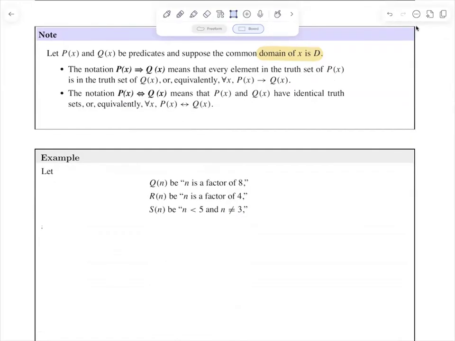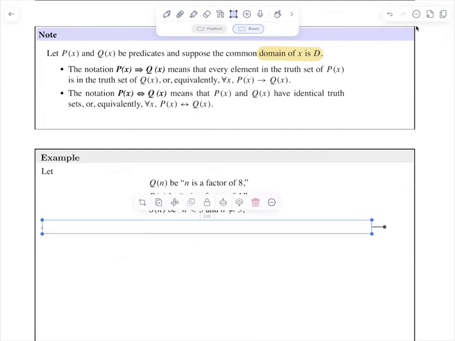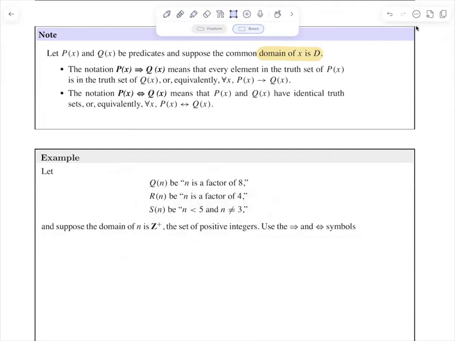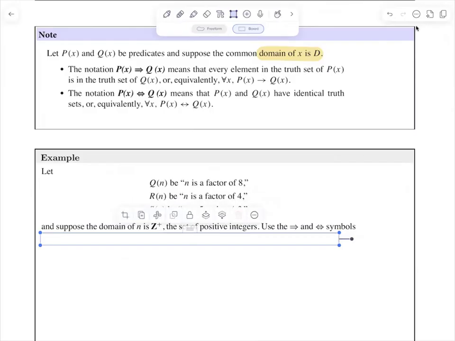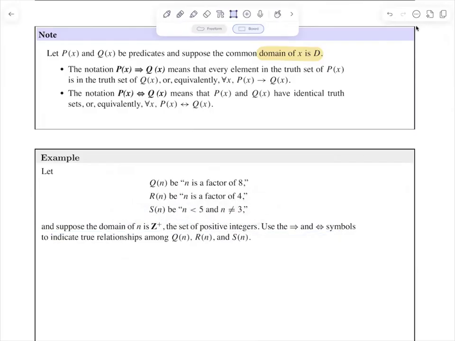Suppose Qn be the statement n is a factor of 8, Rn saying that n is a factor of 4, and Sn be the predicate saying that n is less than 5 and n is not 3. Suppose that the domain of n is positive integers. We're going to use implication and biconditional symbols to indicate the relationship between Qn, Rn, and Sn.